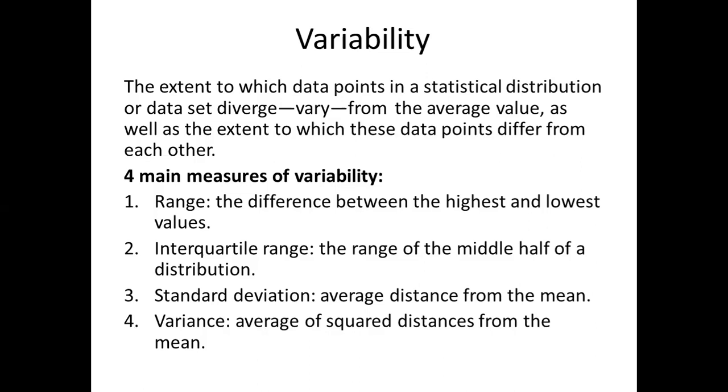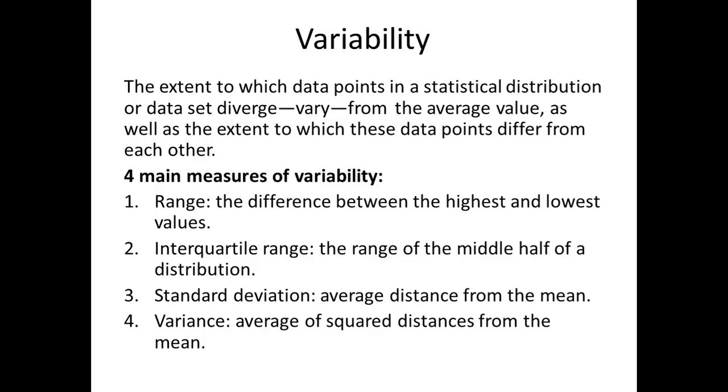For example, we can find out the lowest 25% percentile, the 50th percentile, or the middle value of a particular data set, as well as the higher 25% of the data, which is the 75th percentile. Now in interquartile range we try to find out the range of the data that is falling in the middle half of the distribution.